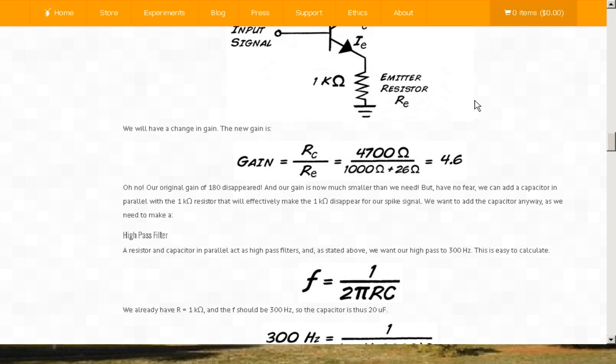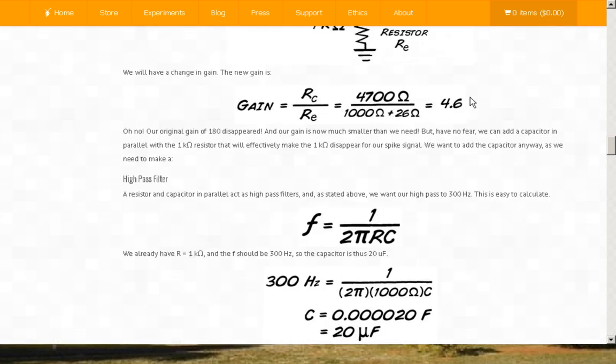We can add a capacitor in parallel with the 1K resistor that will effectively make the 1K resistor disappear from our spike signal. We want to add the capacitor anyway, as we need to make a high-pass filter. So they're making, well, it's also for temperature stabilization, but he's putting a bigger capacitor in there. We want to pass our 300 hertz.